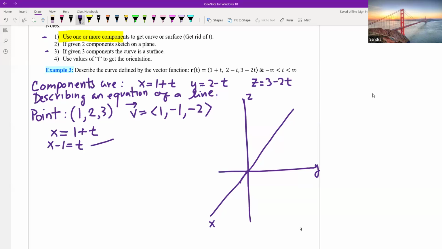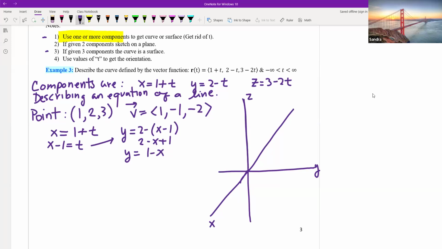And then I can plug that into my second equation. Y will be equal to 2 minus (x minus 1), and so that will give me 2 minus x plus 1. So y will be 1 minus x.